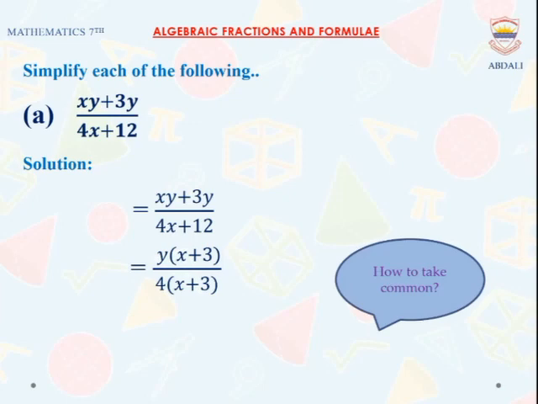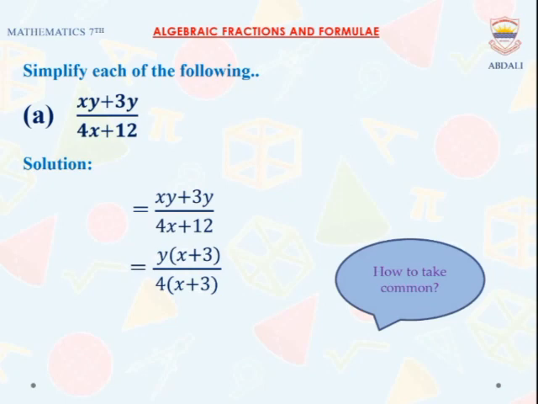Similarly, in the denominator 4 is a common term, so from the first term x is left behind and from the second term 3 is left behind, because we know that 12 is made up of 4 and 3. 4 multiplied by 3 becomes 12. So 4 is a common value and 3 will remain in the bracket.